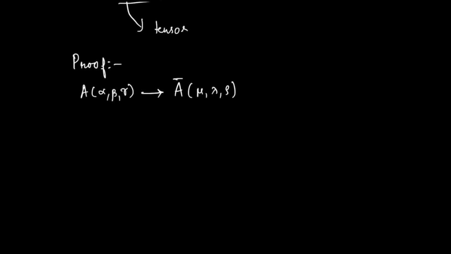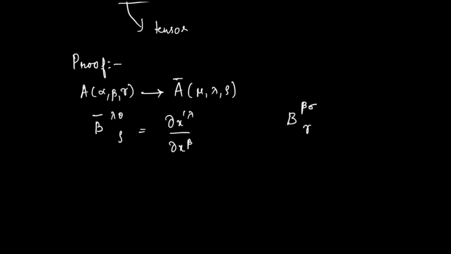Similarly, the transformation for the arbitrary tensor also I have to write. So I am denoting B bar lambda theta rho is equal to partial derivative of x prime lambda with respect to x beta, for example, this is going to be B beta sigma gamma.